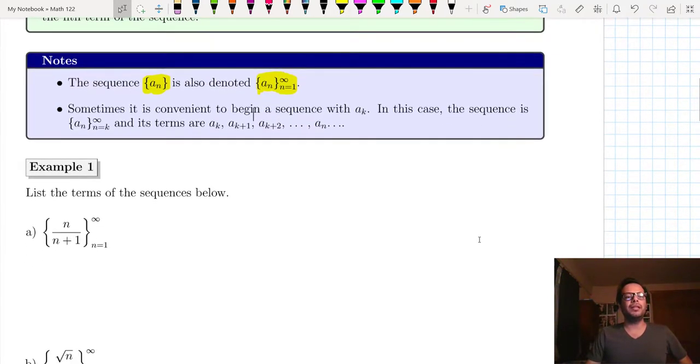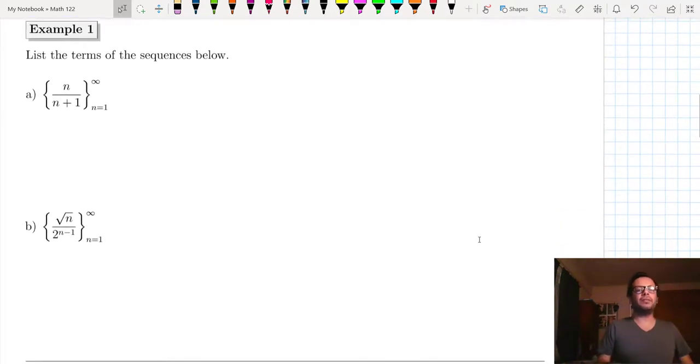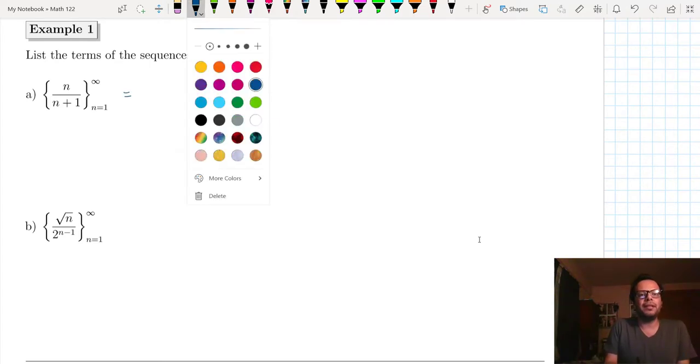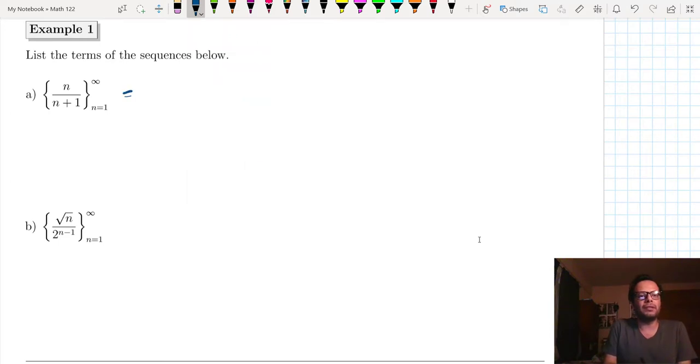Okay, so let's expand a few of the sequences that we have here. Let's show about 4 terms of the sequence. All we do is plug in the first value of n that we have, in this case n equals 1.